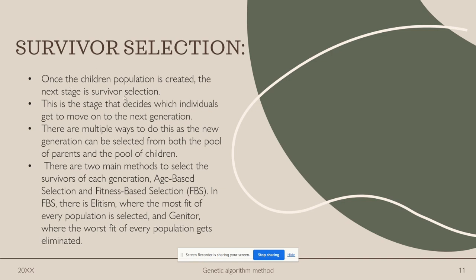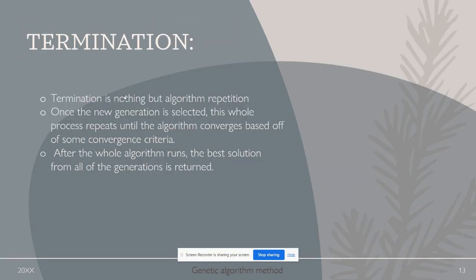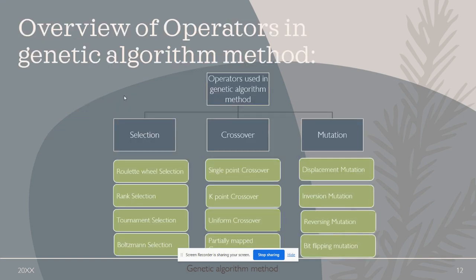If the survival criteria isn't met, then we will undergo termination, and the process will run until the survival criteria is met. With more generations, the best solution will be obtained. So it's nothing but evolution.